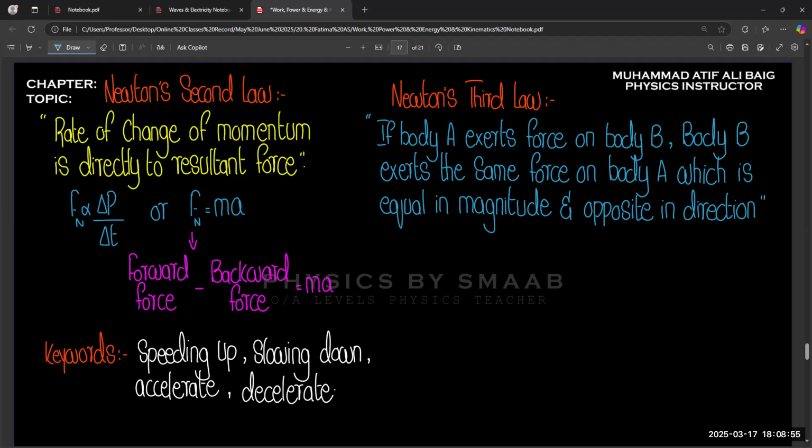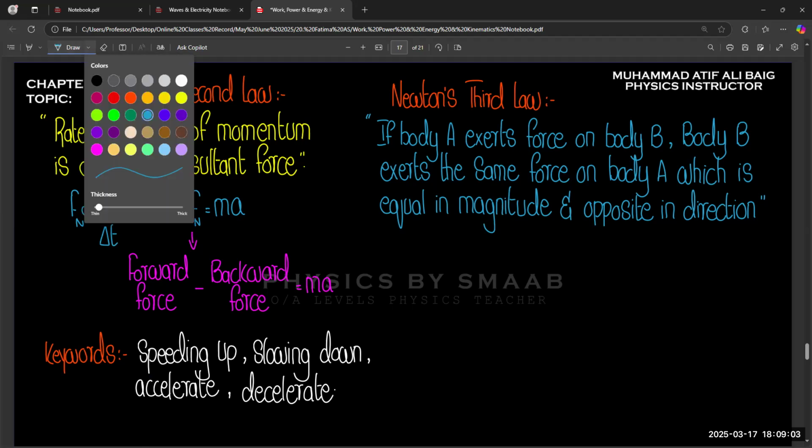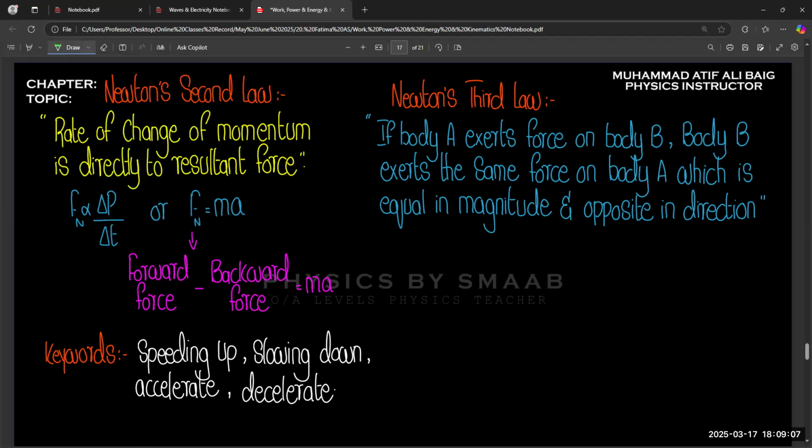And in Newton's third law, we always keep some important points. There must be two bodies and the force must be acting between two bodies, because in some examples we will not count the bodies. When two forces are acting on a single body, we apply Newton's third law.